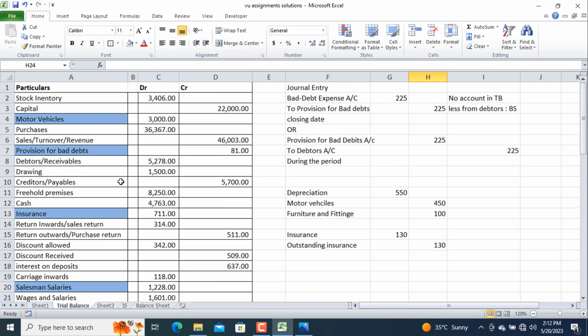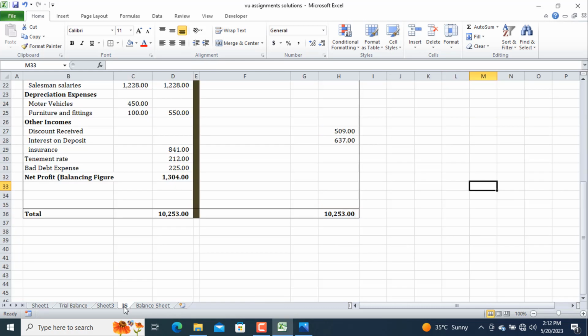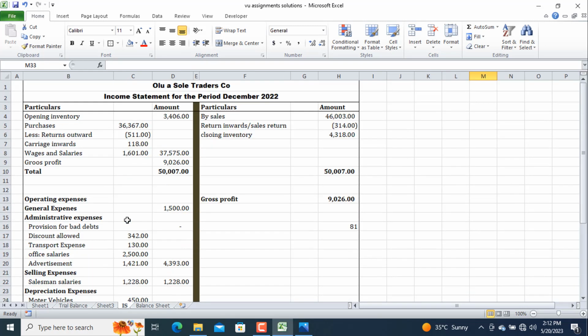Now move to the solution. Income statement. Here I am going to make this income statement, the profit and loss account, trading format, particulars, amount, opening inventory.